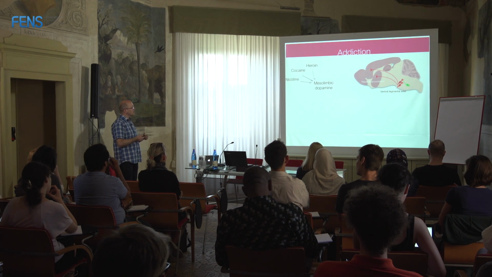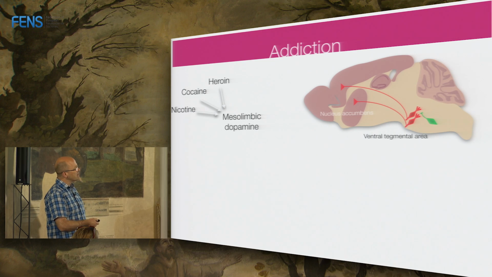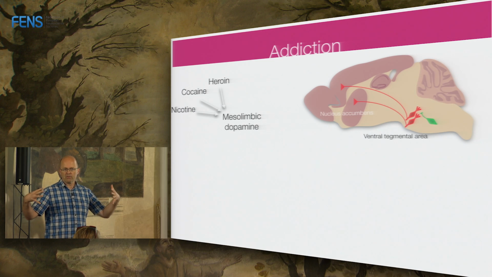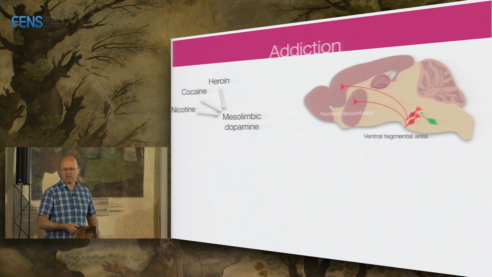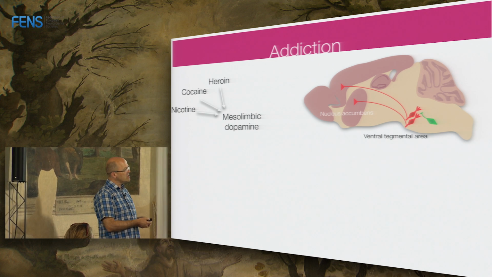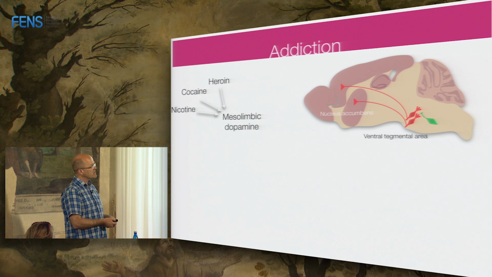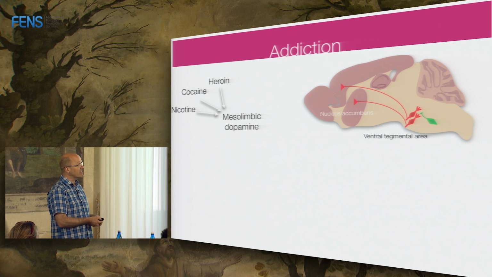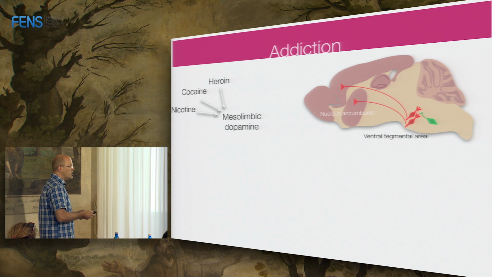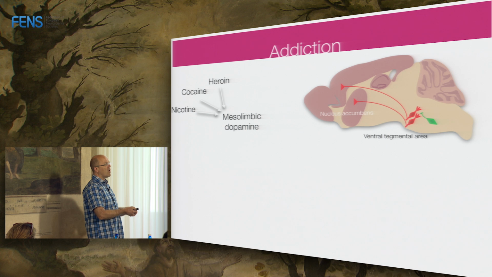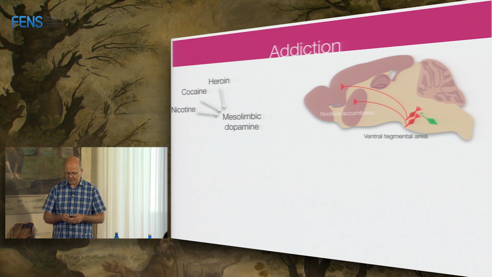This hypothesis goes something like that. We believe that everything starts with the convergence of these pharmacological substances on a specific brain system, and that system would be the mesolimbic dopamine system. Here you have a sagittal section of a mouse brain, and you see the ventral tegmental area at the tip of the brainstem that projects to the accumbens and prefrontal cortex. Schematically, we have indicated that there is an inhibitory control of these projection neurons that release the dopamine.